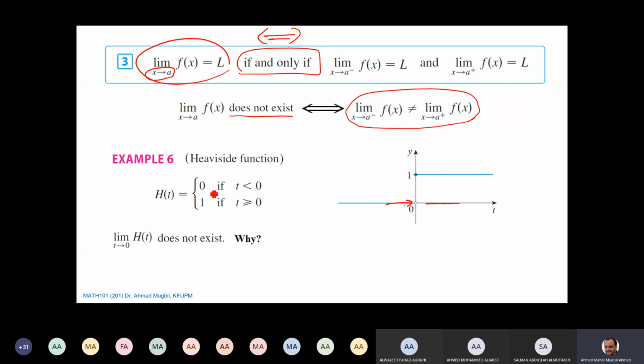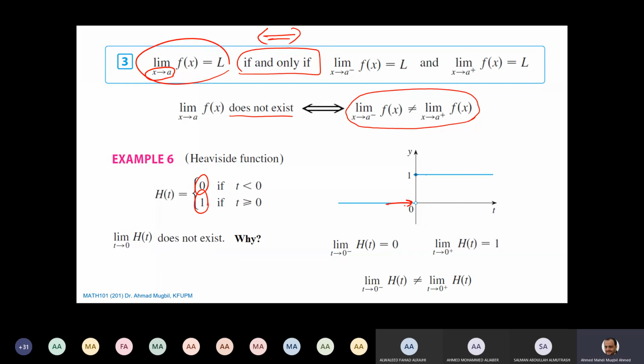You have only two values for the function, 0 or 1. So it is not there, so it does not exist. Shortly, we will write this with the capital letters DNE, which means does not exist. Why does it not exist? Because the limit from the left is 0 and from the right it is 1. So they are not equal. In that case, it does not exist.